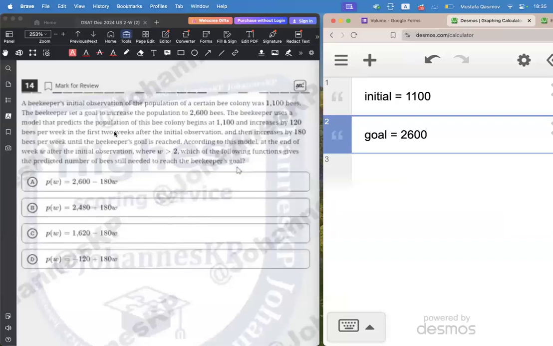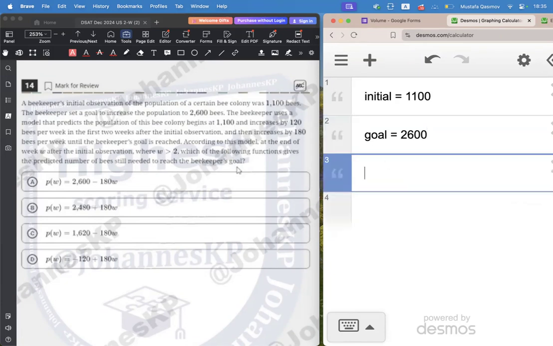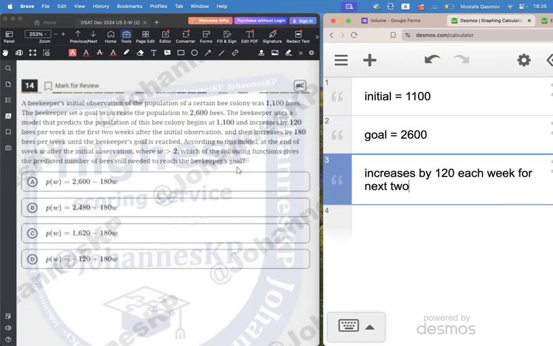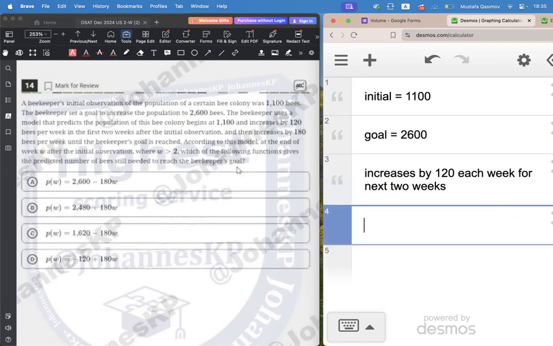We have a model which predicts population of bee colony begins at 1100 and increases by 120 each week for next 2 weeks. Like that.